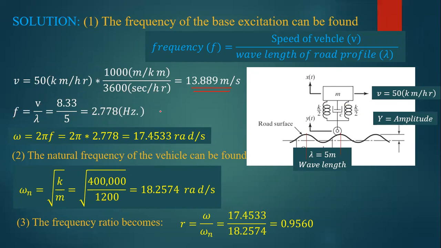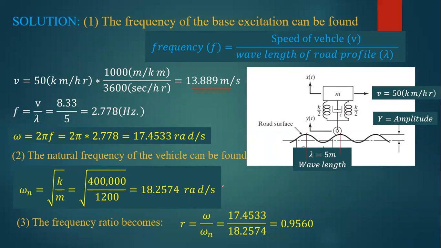We have to convert this frequency to the angular frequency omega. Angular frequency omega is equal to 2 pi f, and from that we get 17.4533 rad per second. The natural frequency of the system is directly obtained as the square root of k over m. Dividing, we get 18.2574 rad per second.